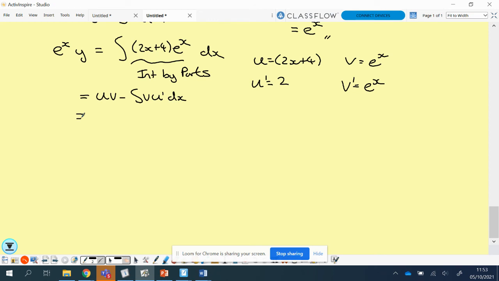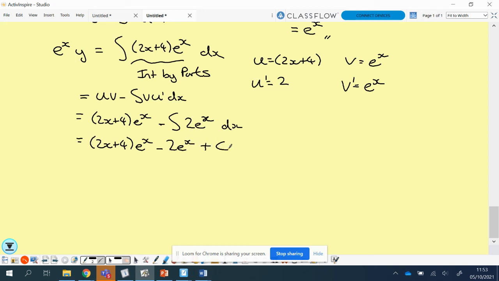U times v is 2x plus 4 multiplied by e to the x, subtract the integral of v u dash, which is 2 lots of e to the x dx. So that equals 2x plus 4 times e to the x, and if I integrate 2 e to the x, e to the x stays the same, so it's minus 2 e to the x plus c. Okay, so I had to use integration by parts to integrate the right hand side.